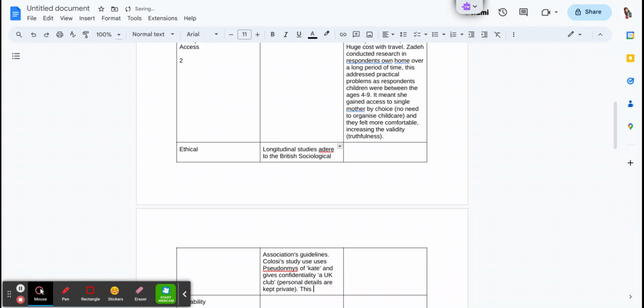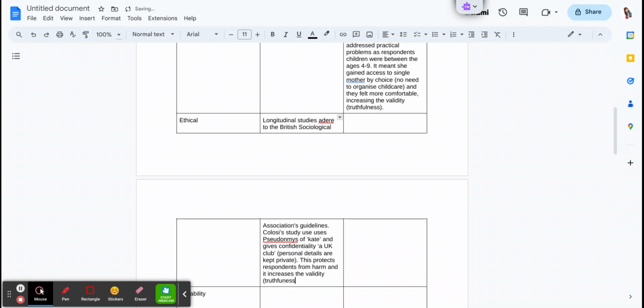This protects respondents from harm, and it increases the validity and truthfulness, as respondents know their identities are kept hidden.